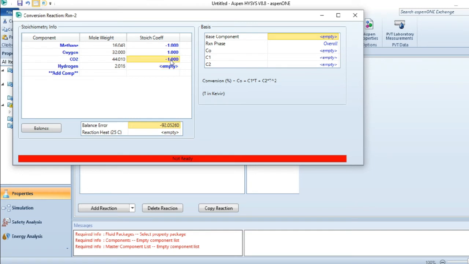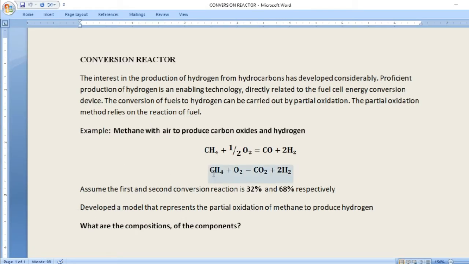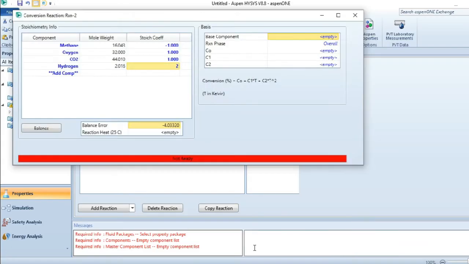The products always go with a positive sign, not negative. The reactants, since they are consumed, carry a negative sign. So for the second reaction, methane has -1, oxygen has -1, carbon dioxide has 1, and the last one has 2 molecules of hydrogen. That is why you might wonder how I insert those values.